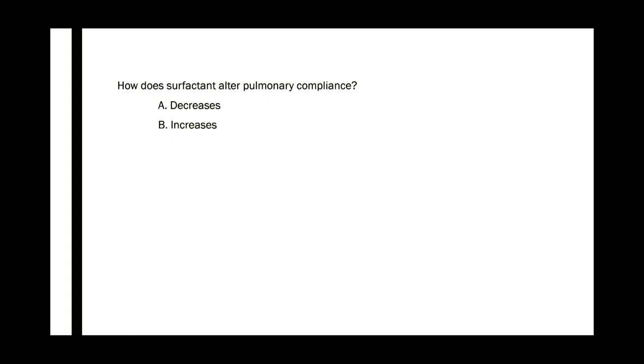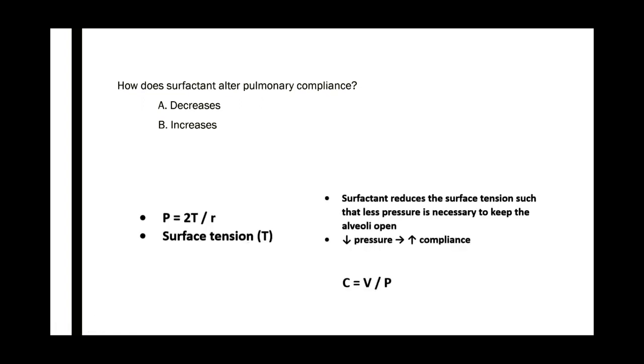All right, how does surfactant alter pulmonary compliance? I'm going to bring these up to explain it first, and then I'll answer it. So remember Laplace's law. Let's take it one step at a time. Surfactant decreases the surface tension, which decreases the collapsing pressure on the alveoli.